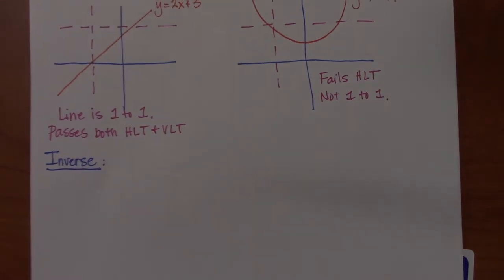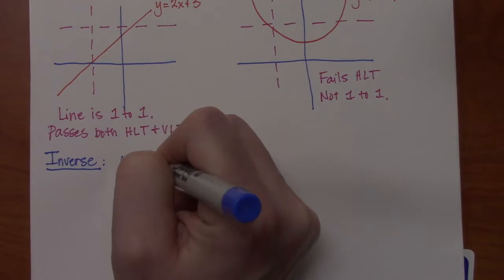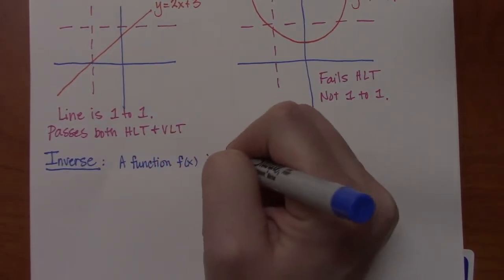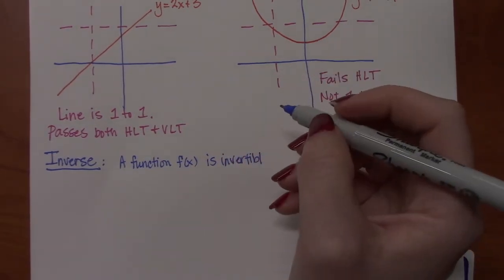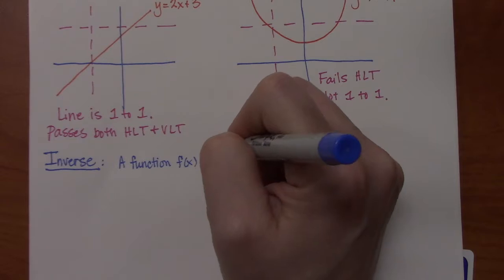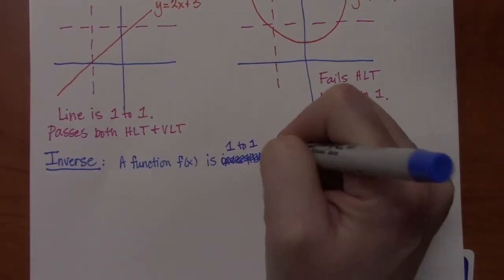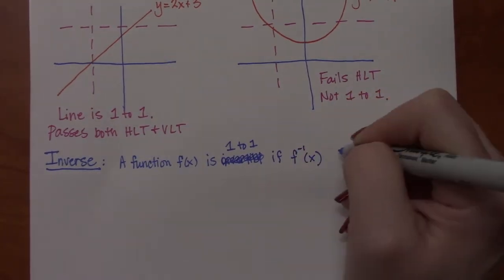Okay, so we say that a function f of x is 1-to-1 if... Let me do this first.